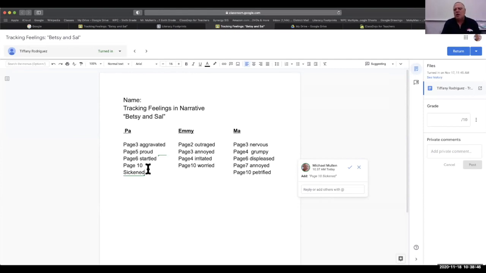So what I want you to understand is that as a narrative progresses from the beginning and goes through the middle and ends, the emotions should intensify. They should intensify. Okay. And let's look at some of these.